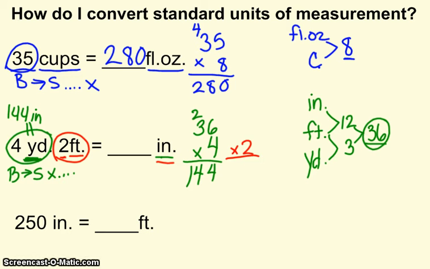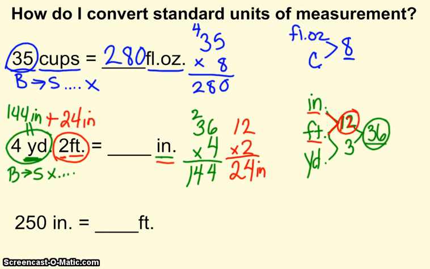Now I've already set this up, but this time I'm just comparing feet to inches, so I'm looking at 12 for the second part of my problem. 12 inches make up 1 foot. I have 2 feet. So I'll go 2 times 12. 2 times 2 is 4. 2 times 1 is 2. And that's 24 inches.